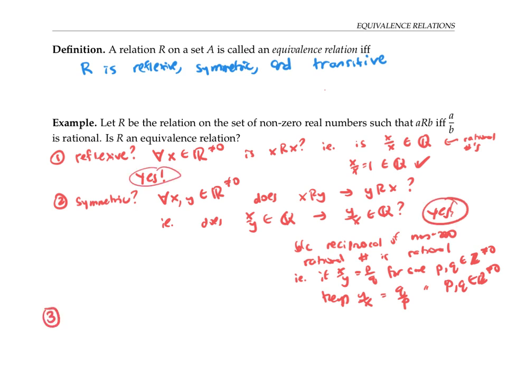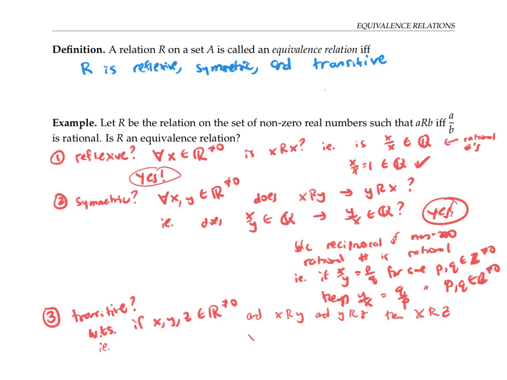What about transitive? To show that this relation is transitive, we want to show that if x, y, and z are non-zero real numbers, and x is related to y and y is related to z, then x is related to z. In other words, we want to show that if x over y is rational and y over z is rational, then x over z is rational.